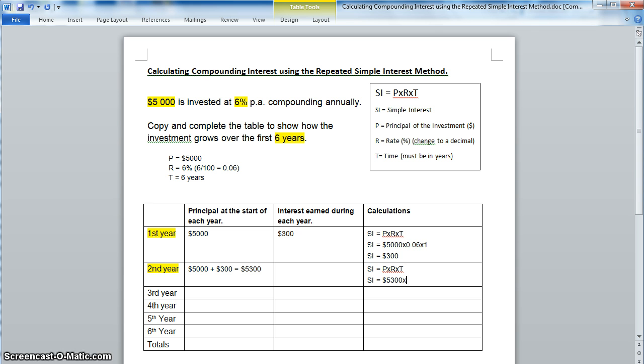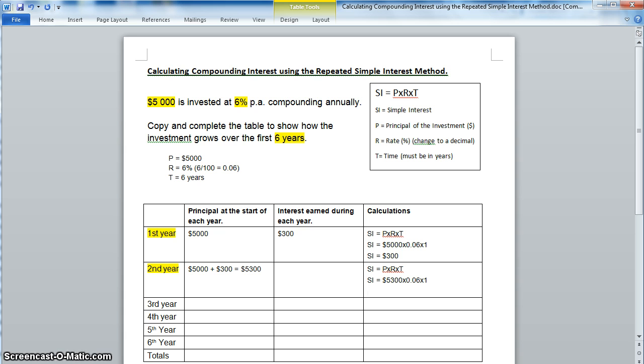Times the rate hasn't changed, still 0.06, and we're calculating just for 1 year. So the time is 1. So we can get out our calculator now and we can work out that it comes out to $318. Let's put $318 into the right column here.